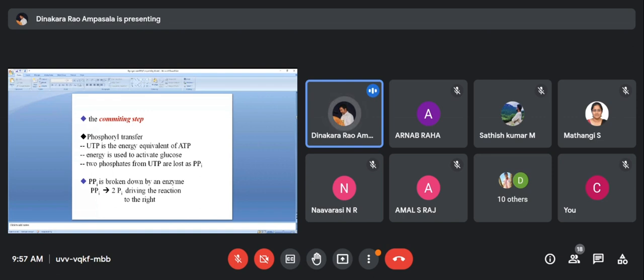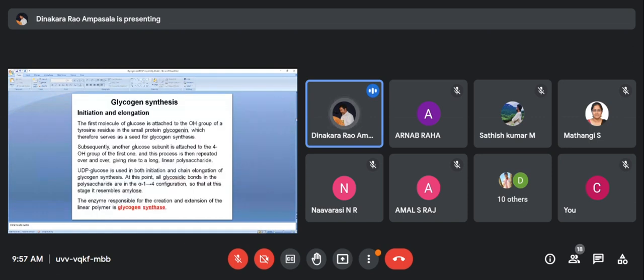Now once UDP glucose is synthesized, it has to bind to a protein molecule. That small protein inside the cell is called glycogenin. In this protein, the tyrosine hydroxyl group acts as a seed for glycogen synthesis. The UDP glucose molecule interacts with the tyrosine hydroxyl group and creates a bond.